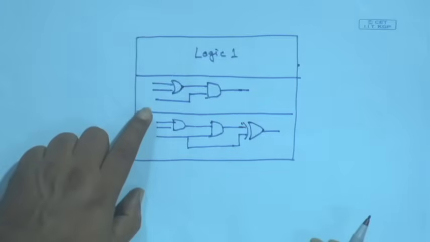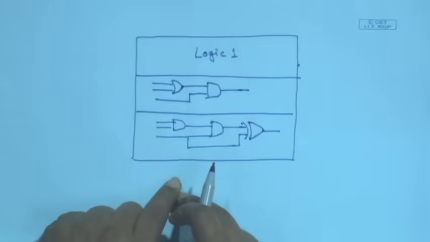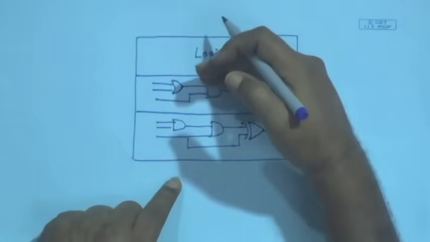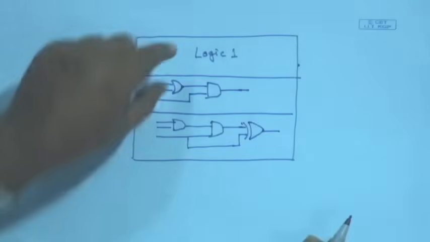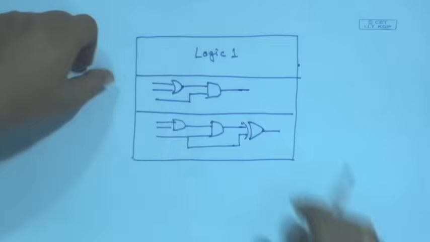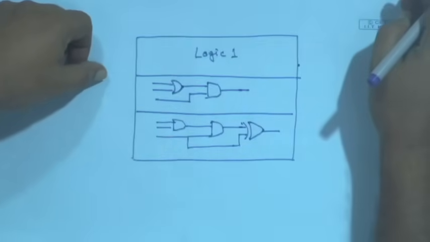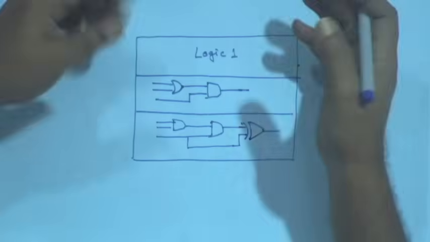Now, the point to note is, since different parts of the same chip can be assigned different functions, they can all act in parallel. Therefore, I can get some speed up.